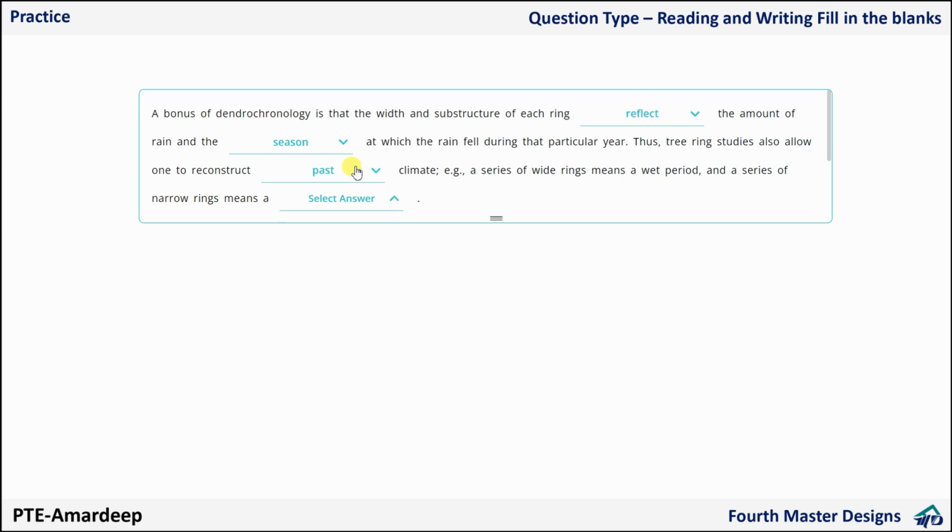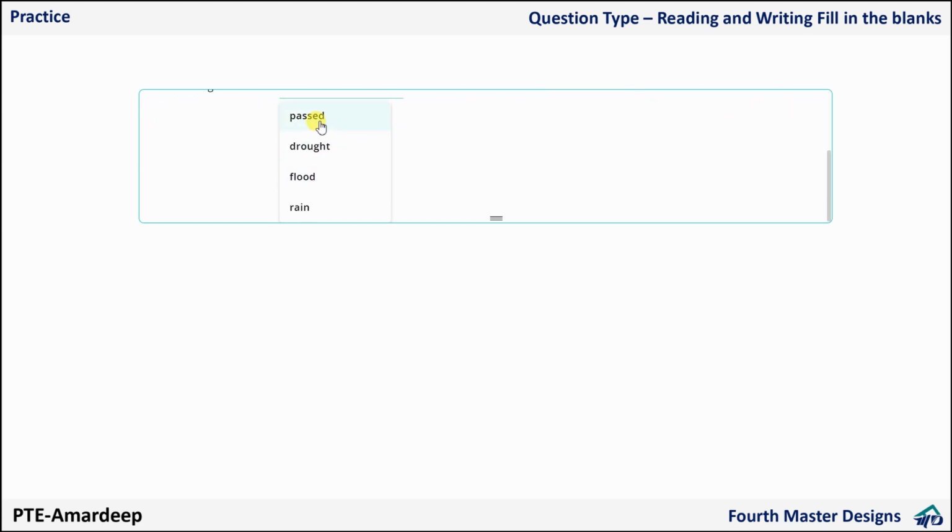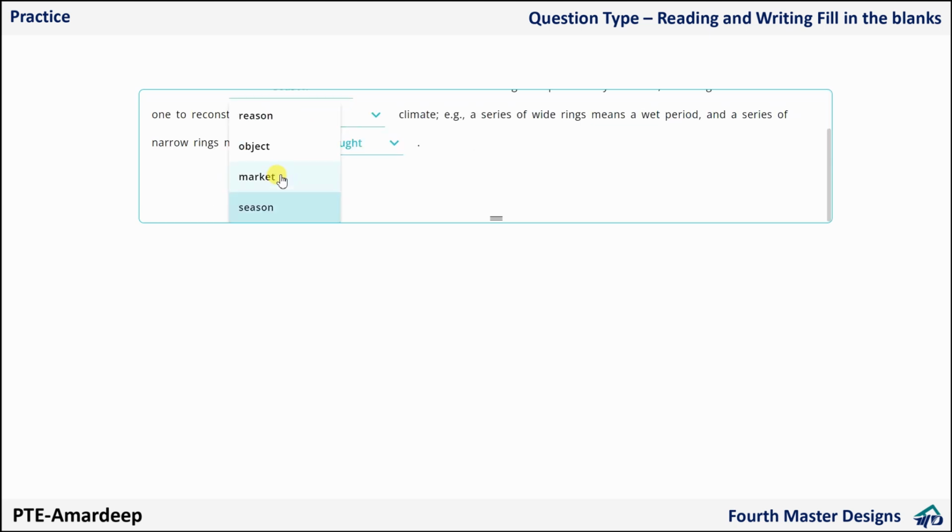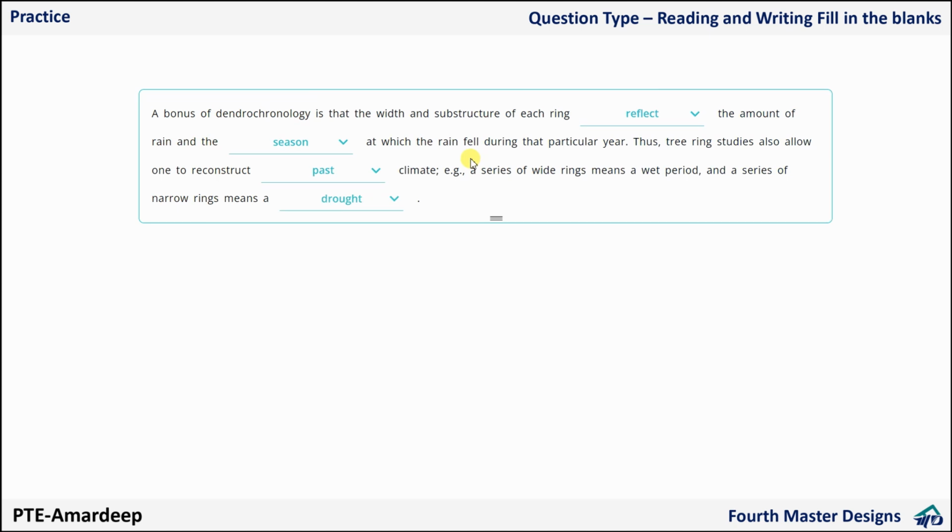It means it's dry. It was a very easy one. It shows, similar meaning reflect, and dash at which rain. The only logical option for me is season, the particular time of the year when it rained.